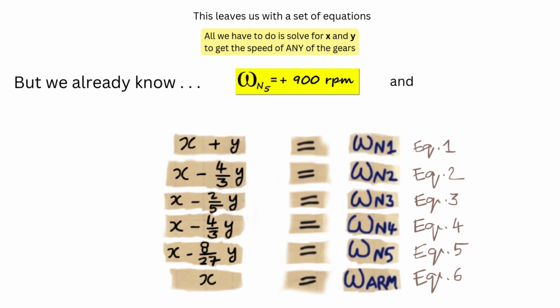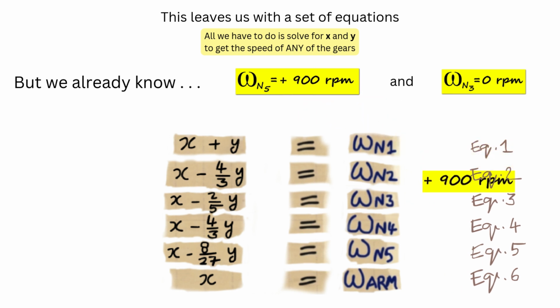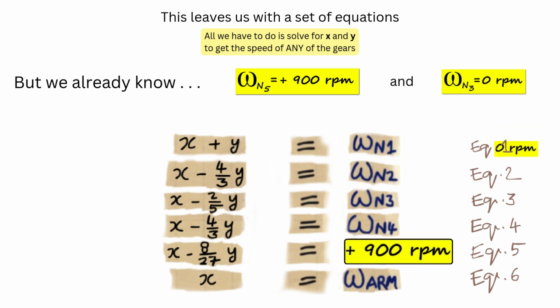In order to figure out x and y, we retrieve the 2 inputs we had set aside. We replace omega N5 with plus 900. And we replace omega N3 with 0 RPM.